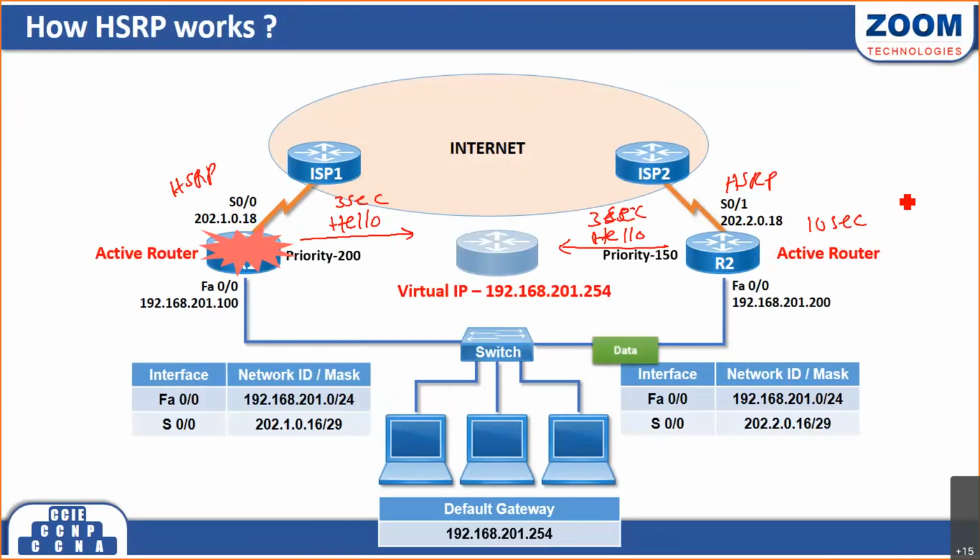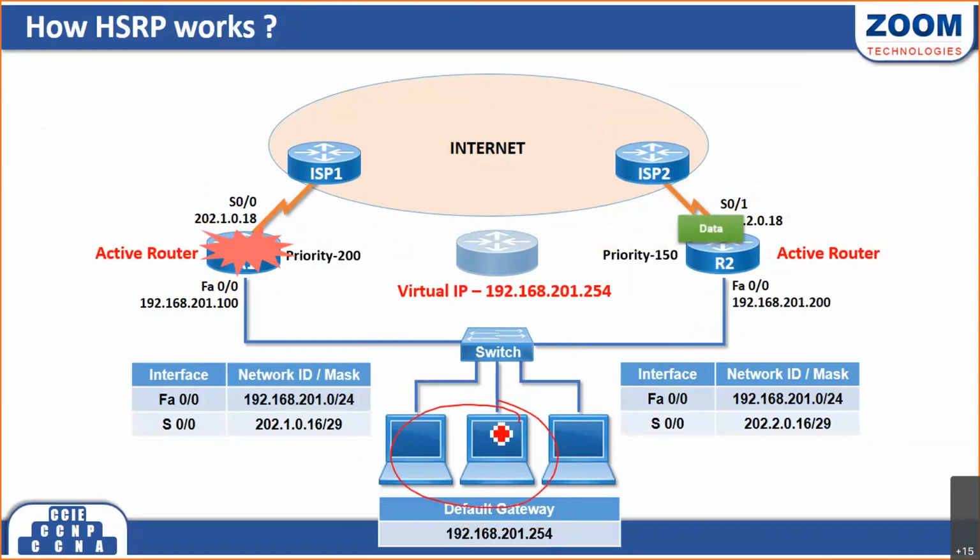So if any one router is down in your network, how much time will LAN users take to reach the internet? Just 10 seconds, without any knowledge of the LAN users. Your LAN users don't know anything. They were getting internet with R1, R1 fails, and now they're getting internet with R2.